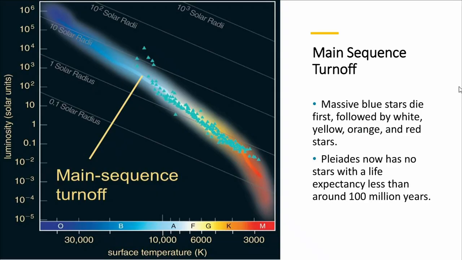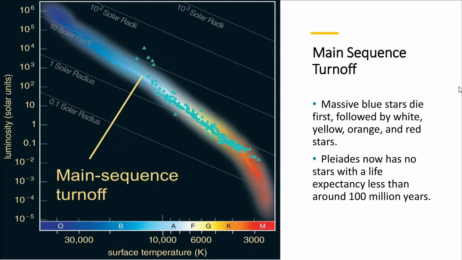For this cluster, the Pleiades, there are no stars that have a life expectancy less than 100 million years, so there are no stars up here. That tells you that the Pleiades star cluster has to be at least 100 million years old. It can't be older than that, or the stars down here will have started to evolve off of the main sequence.